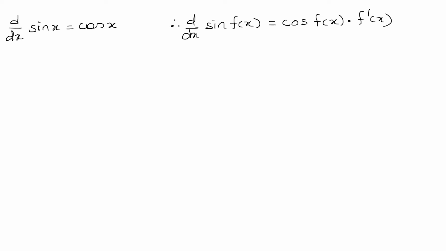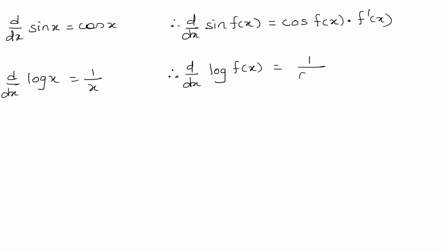I am explaining one more formula with the help of this. I hope you remember what is derivative of log x. The derivative of log x is 1 upon x. So what is derivative of log of f of x then? So derivative of log of f of x is 1 upon f of x into f dash of x. So basically whatever comes in place of x as a function of x, f of x, its differentiation I am writing here.